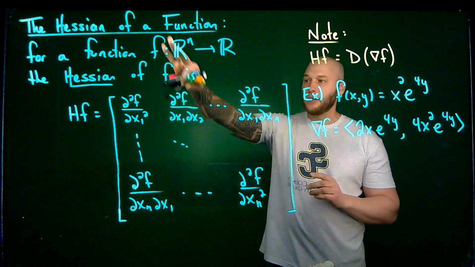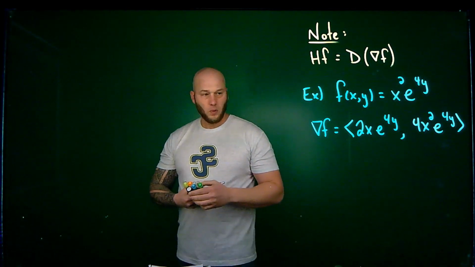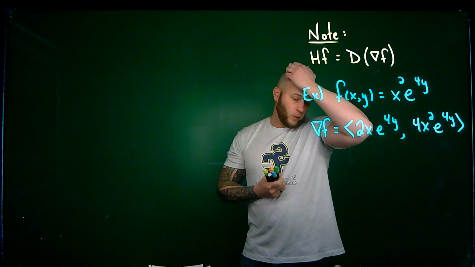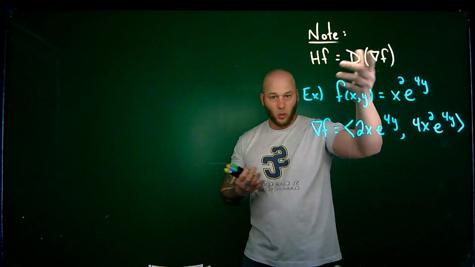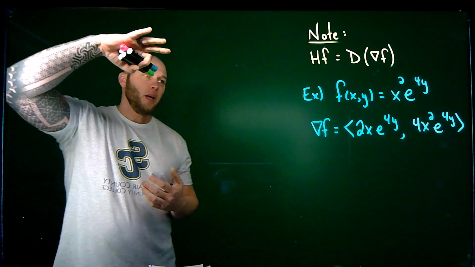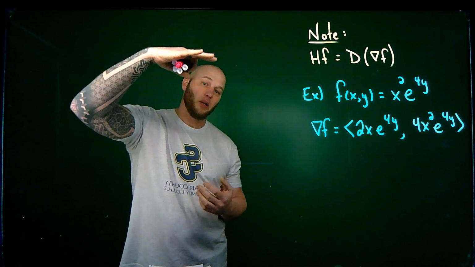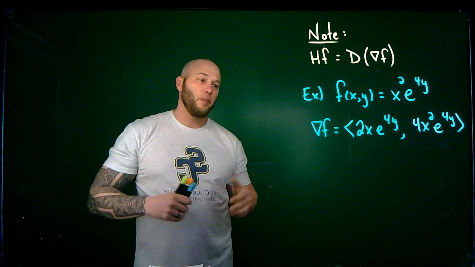Let me go ahead and clean this side up. Now, when we did the total derivative, remember that the d is the total derivative. We said the first row is the gradient components of the first function, and the second row was the components of the gradient of the second component function.